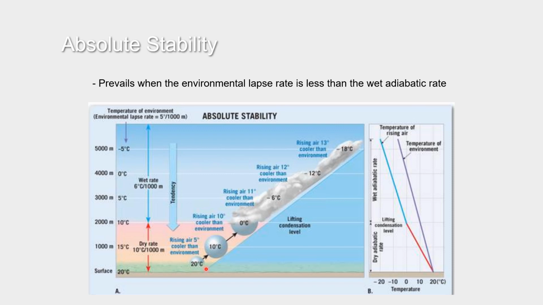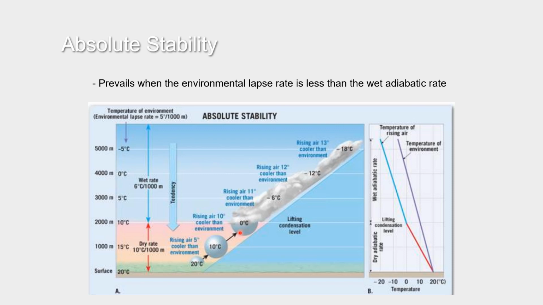So again, absolute stability prevails when the environmental lapse rate, which we can find here, is less than the wet adiabatic rate. This is the wet adiabatic rate. As you can see, this rising air is always cooler and heavier. The rising air is 5 degrees Celsius cooler, then 10 degrees cooler, 11 degrees cooler, and 12 degrees as it goes up.